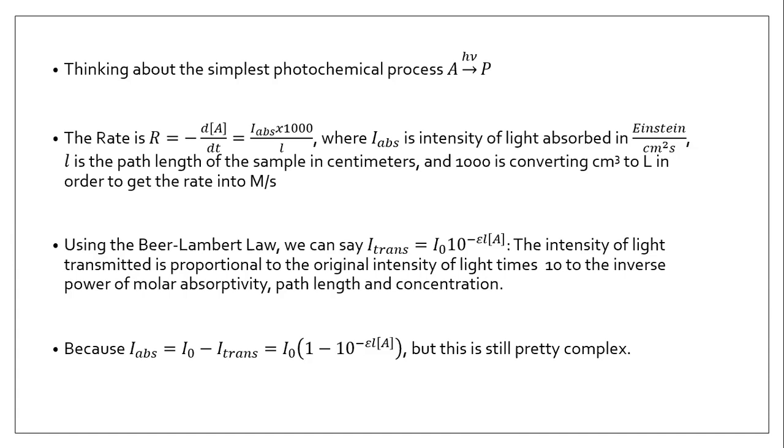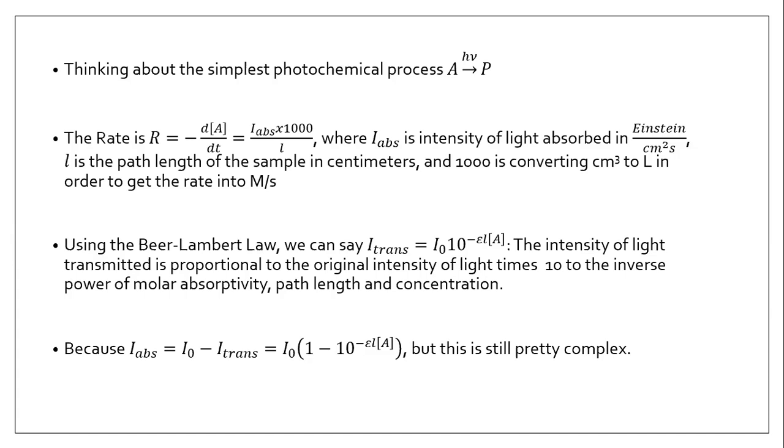So intensity is essentially joules of photons. Using the Beer-Lambert law, the intensity of our transmittance is our initial intensity times 10 to the negative epsilon path length concentration.